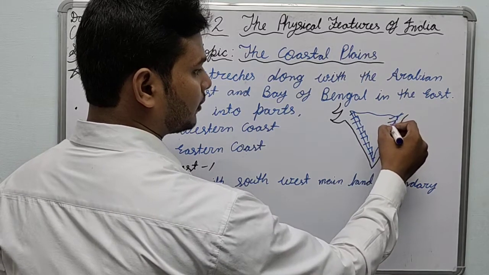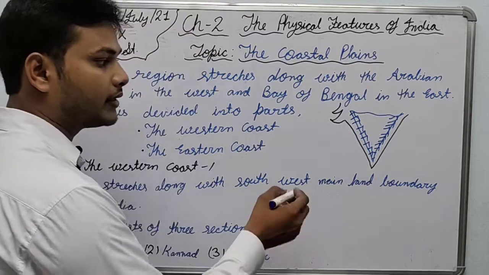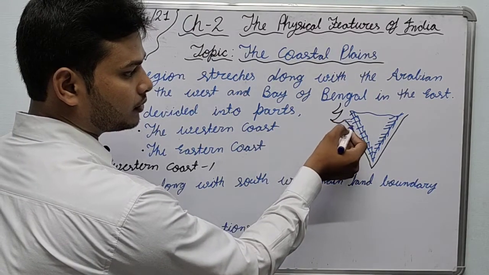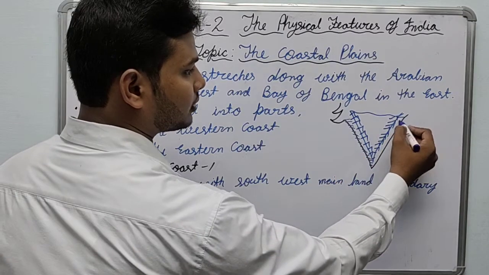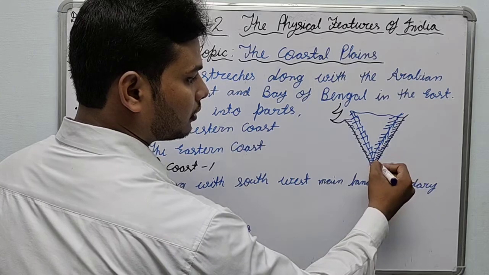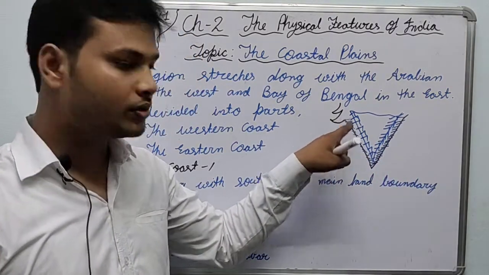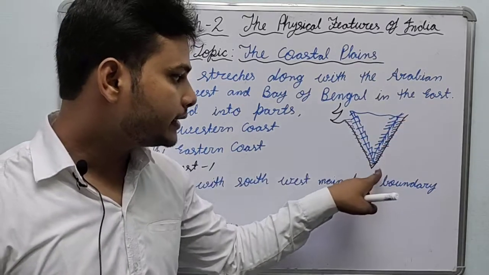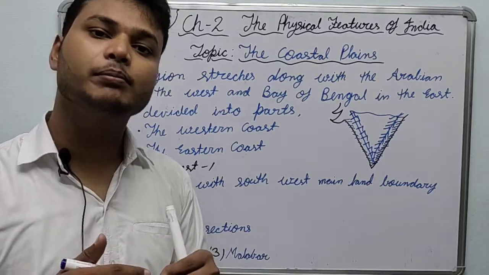You can see this narrow belt, which stretches to the southwest and southeast margin of India, is known as the coastal plains.